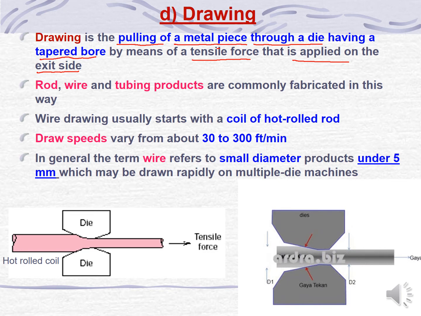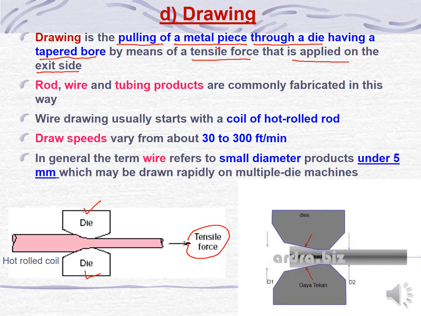You can see here for this drawing process, the machine needs to have a die. The hot roll coil will go through this die and will be pulled by the tensile force which is applied on the exit side of the machine.